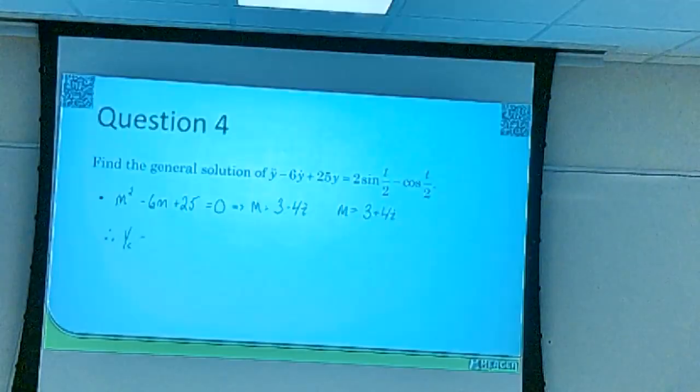What's your complementary function? e to the negative 3x times c1 cosine 4x plus c2 sine 4x. You have the right forms, that's not correct. What's your independent variable? T. Replace x with t and you have the right answer. But I'm not going to write it in that form.